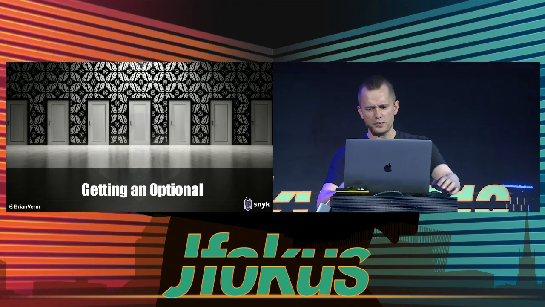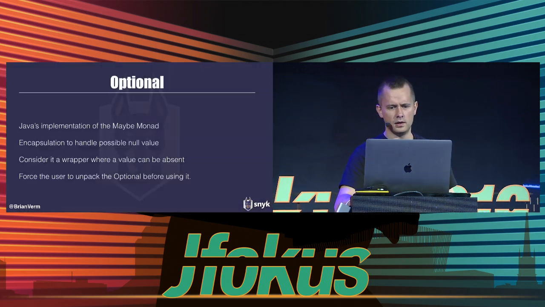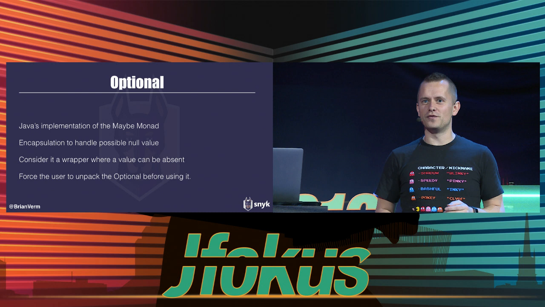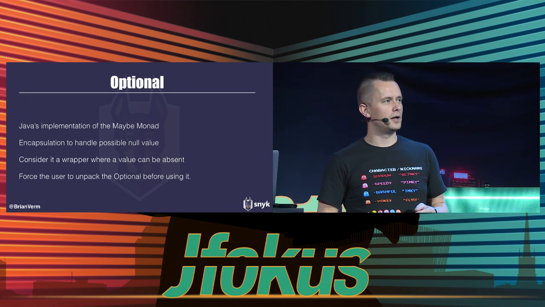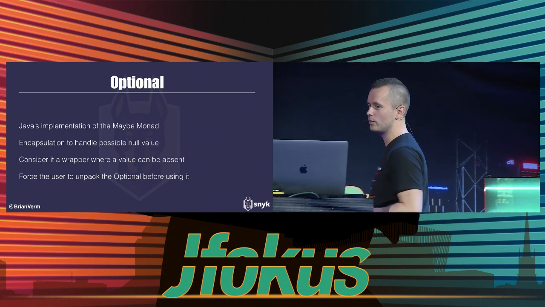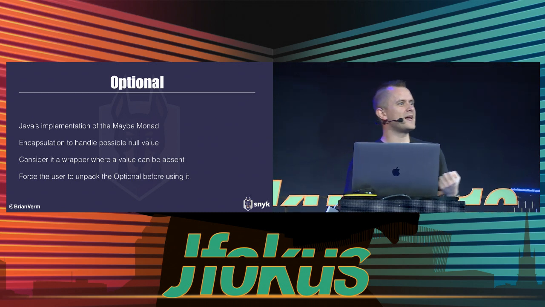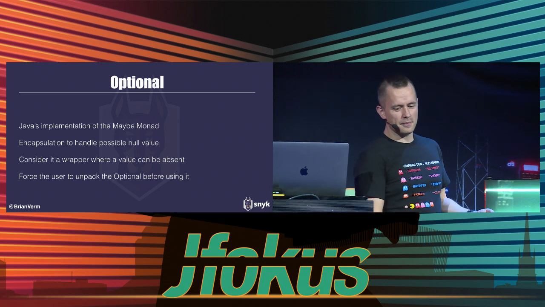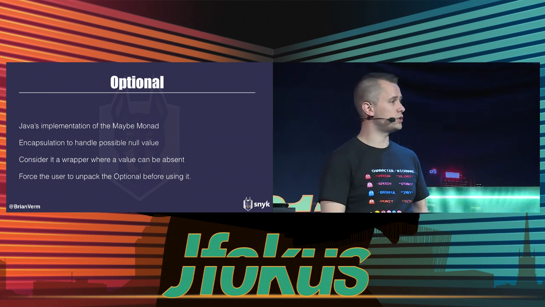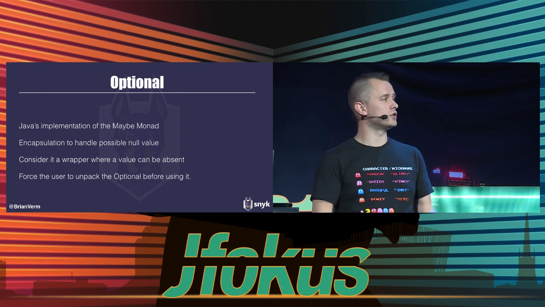Optionals. Optionals is a weird one. I mean, they say it's the Java implementation of the maybe monad. Nobody's running because most people are scared of the monad word, but it's not that important. What it does is it tries to encapsulate a certain possibility, a certain behavior.